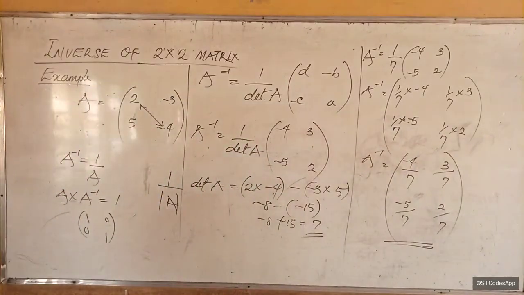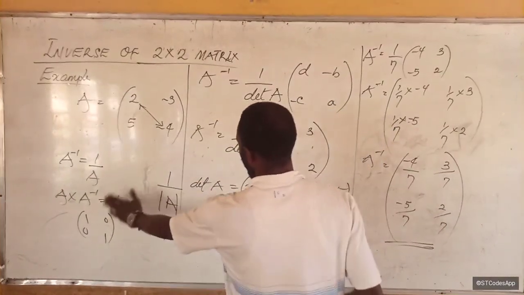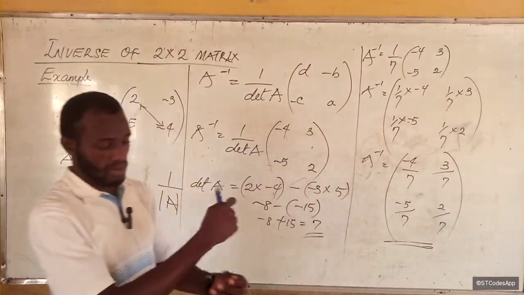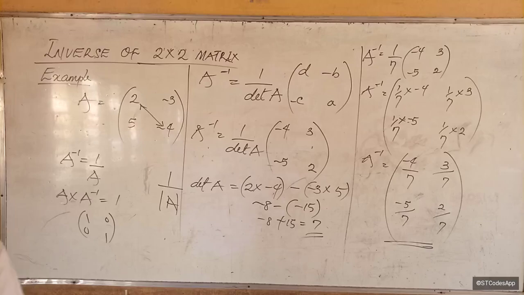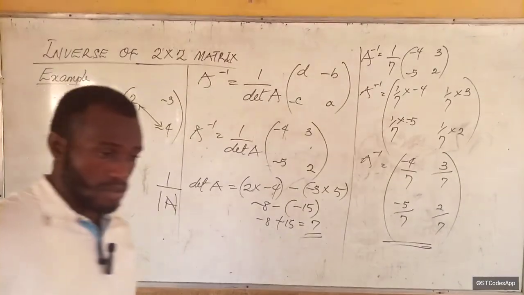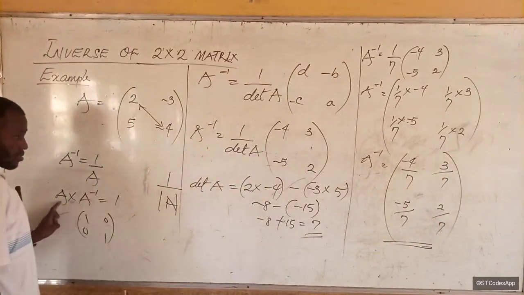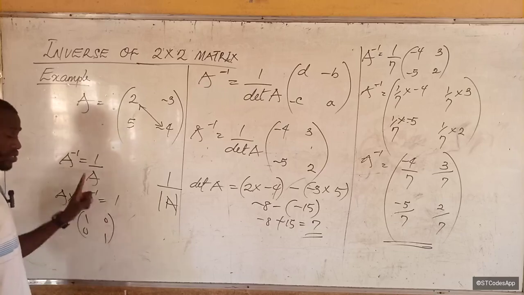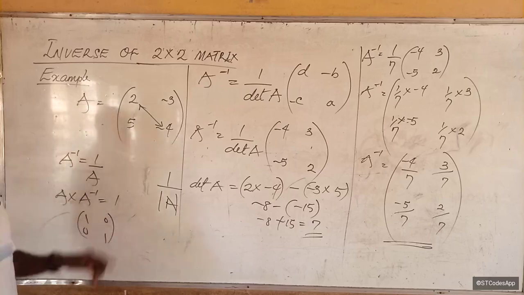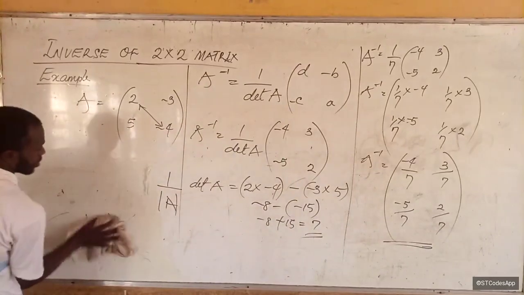Like I said earlier, we'll prove that we are correct by multiplying our inverse by our actual matrix. We should get an identity matrix. All right, let's try that. So that's our matrix there.